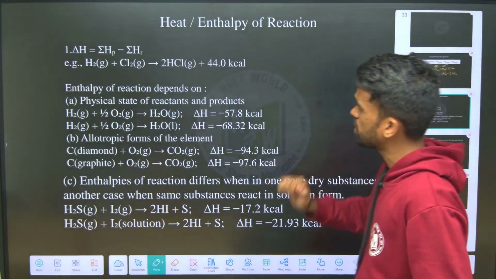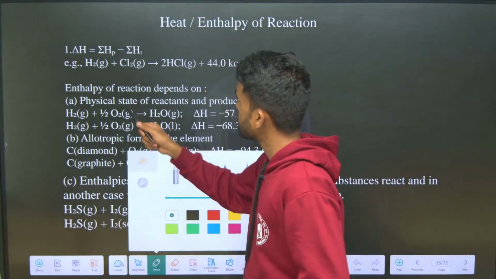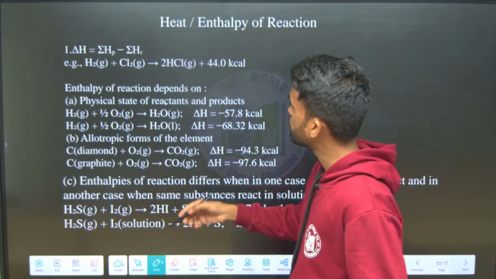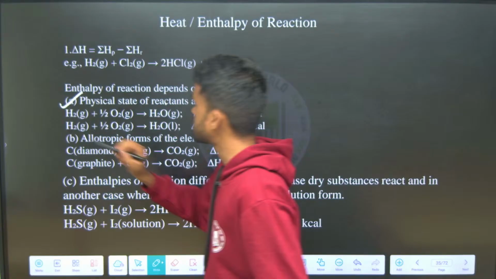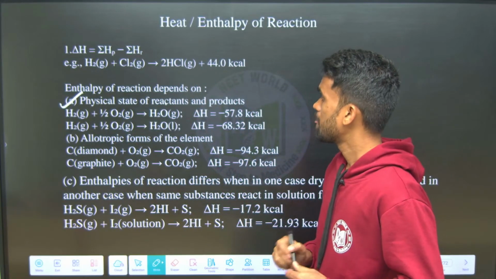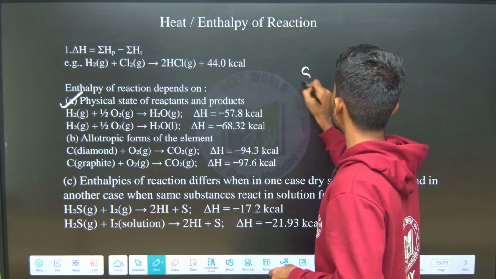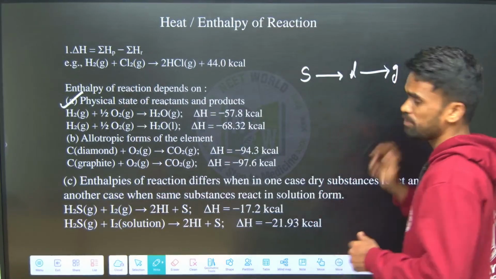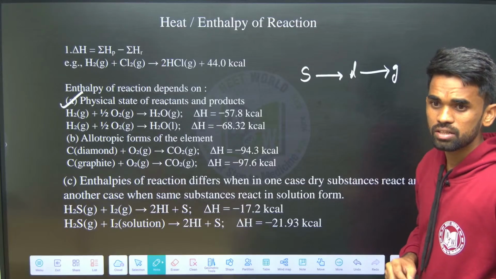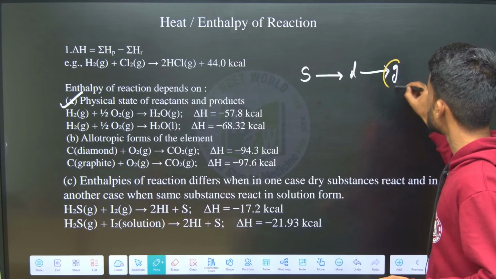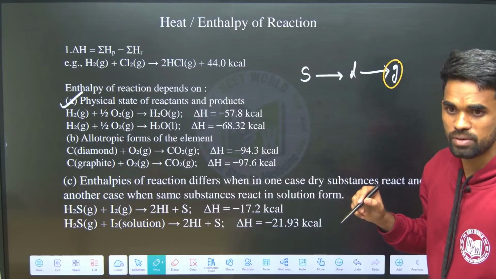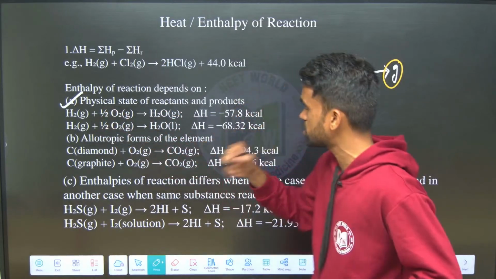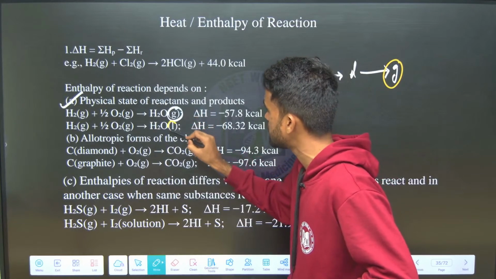This enthalpy of reaction will be affected by these factors. What are the factors influencing? It depends upon the physical state of reactants and products. For solid to liquid, liquid to gas, tell me which is in the highest energy state. For a particular substance, if gas, that will require high energy. See, the product formed here is gas, here is liquid.